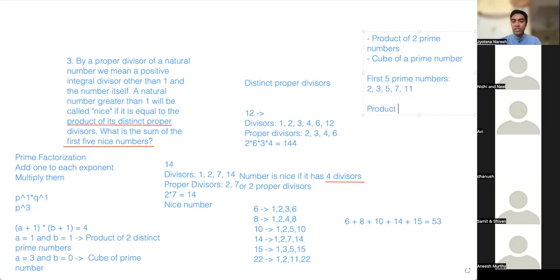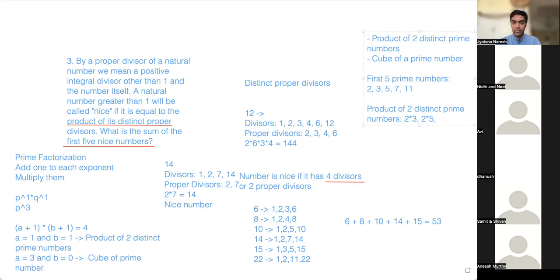So let's look at the product of 2 prime numbers. What are the smallest ones there? What are the possible choices here? So 2 times 3 is the smallest one, of course. What is next? 2 times 5.